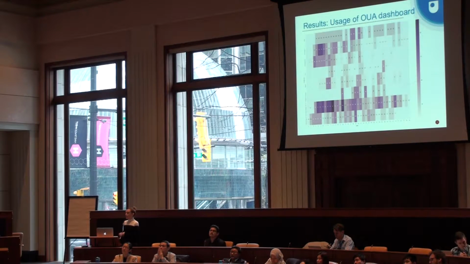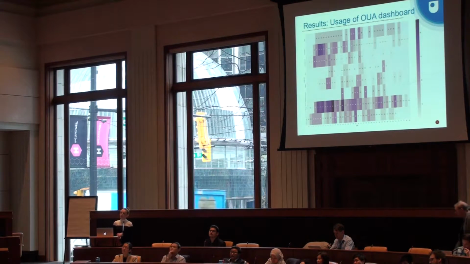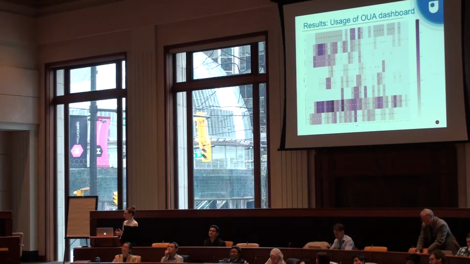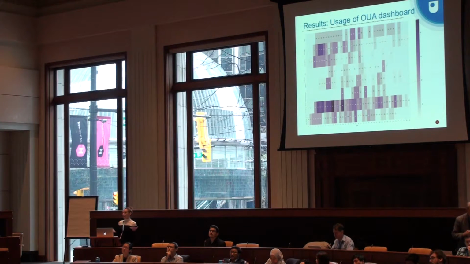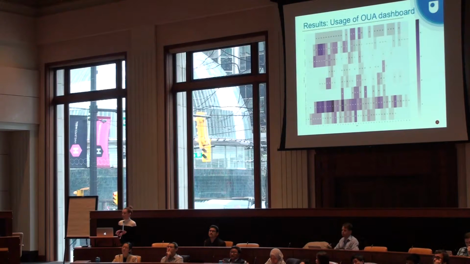This is the usage pattern of those teachers who logged into OU Analyze and had access to PLA. The darker the color is, it means that more teachers from the respective module logged into the system and checked on their students. We don't know for how long, but we know that they at least logged into the system.